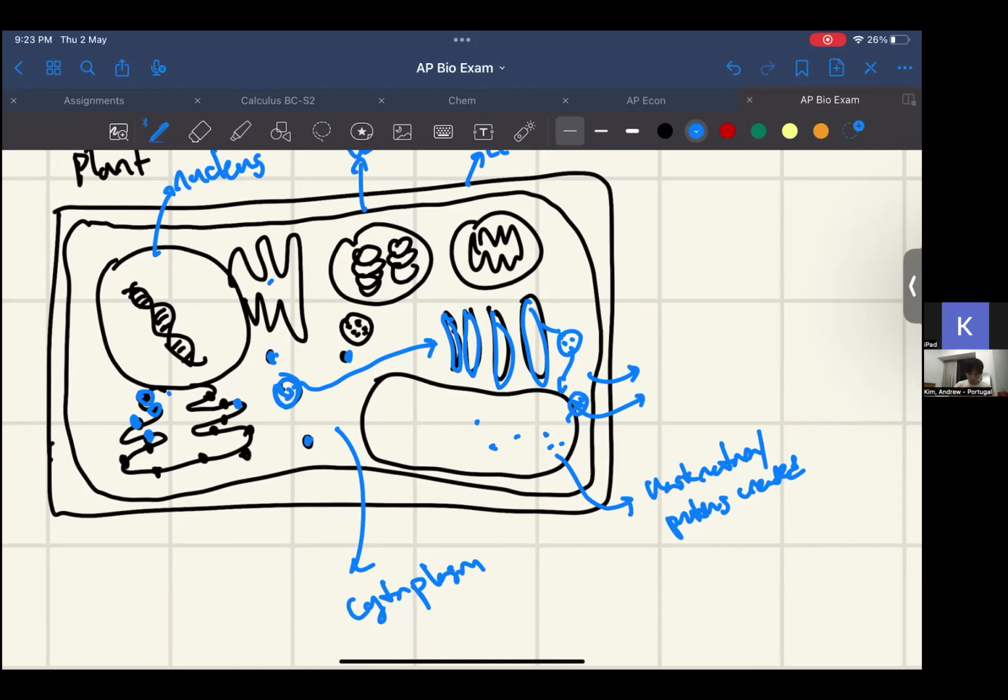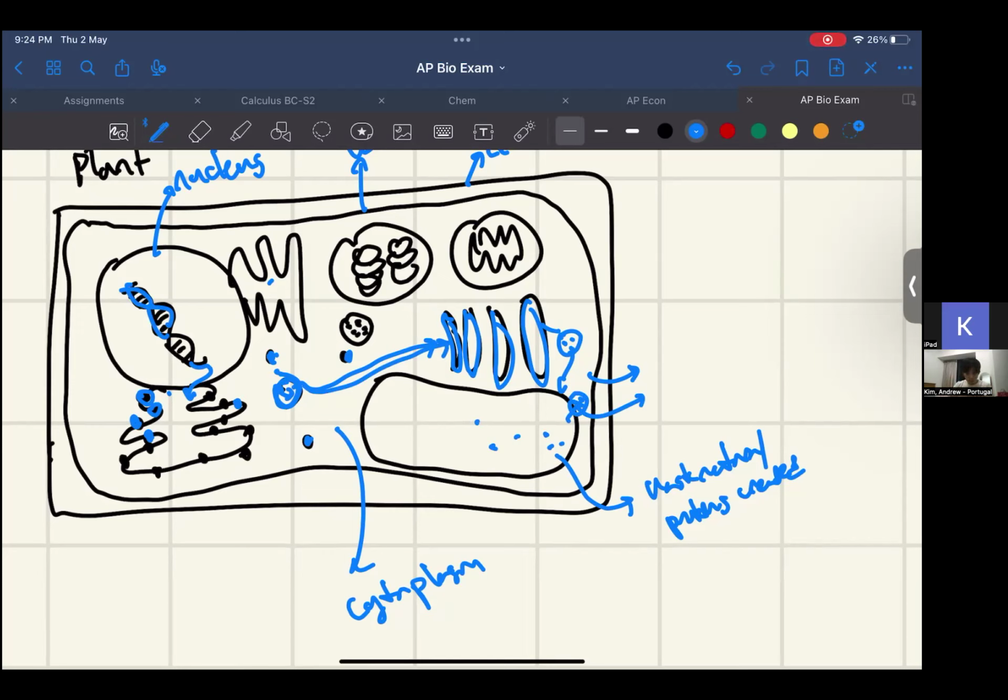Okay, so this is the whole process. DNA, or the blueprint of the genetic information of a protein, is stored inside the nucleus. Once the genetic information is copied and moved to either ribosome or rough ER, protein will be created. That protein will transport through vesicle and move to the Golgi apparatus, where the protein will be finally modified.